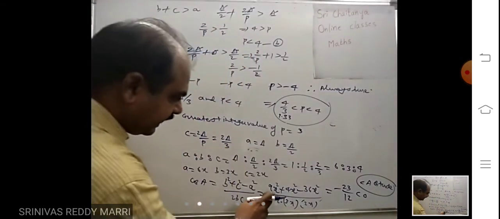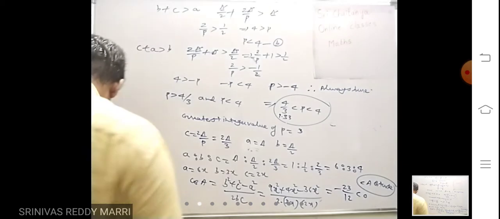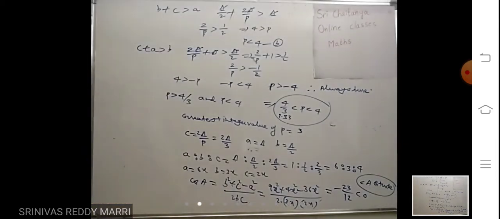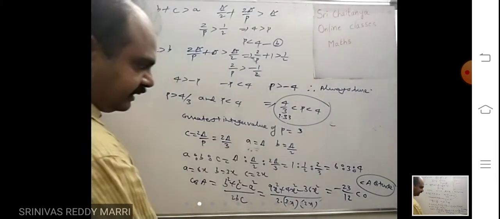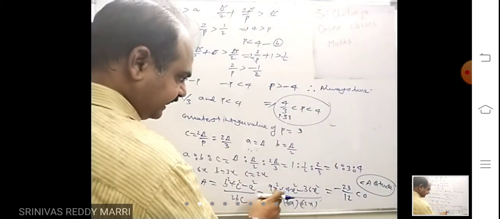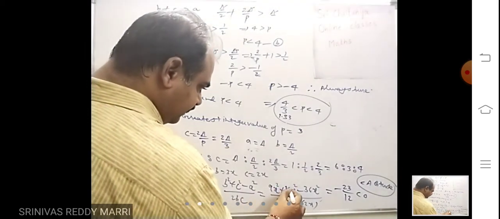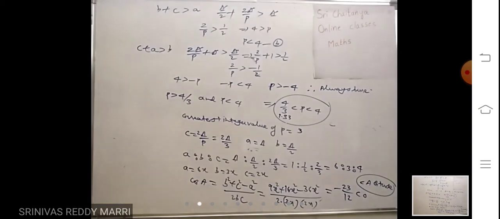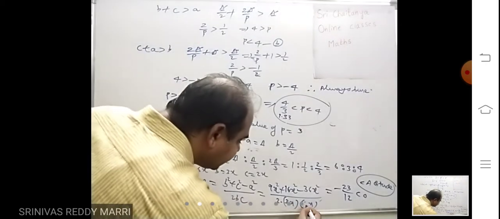So 9x square. Here you will get 9x square plus 16x square. Okay? 9x square plus 16x square minus 36x square divided by 2 into 3 into 4x.